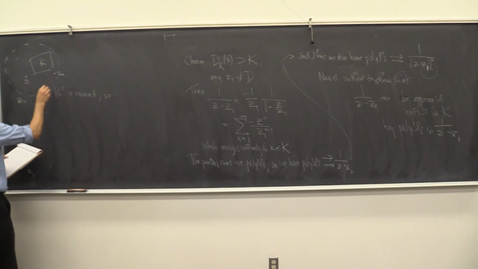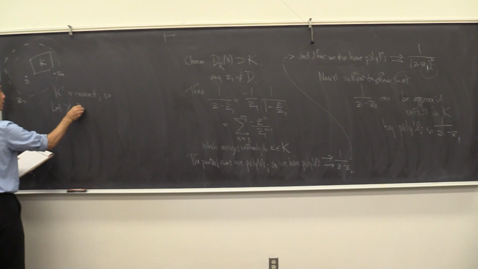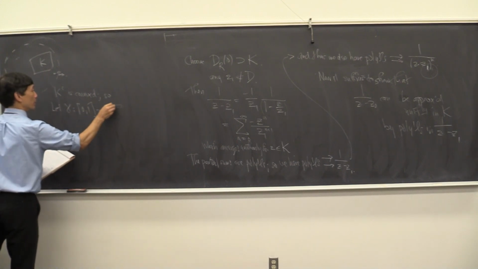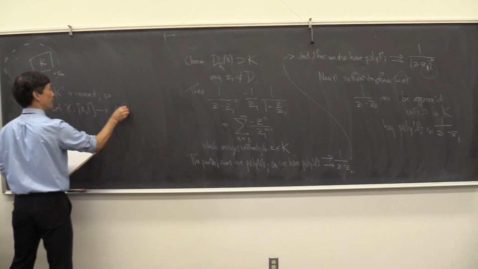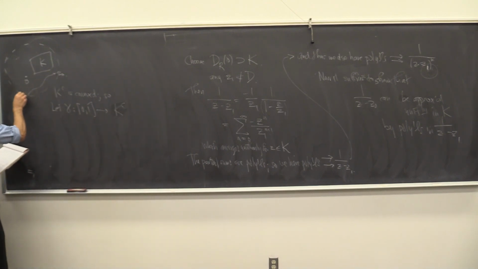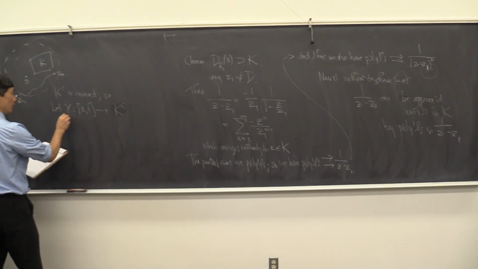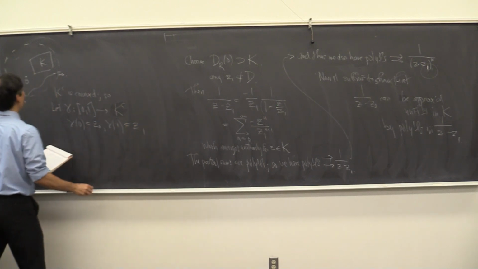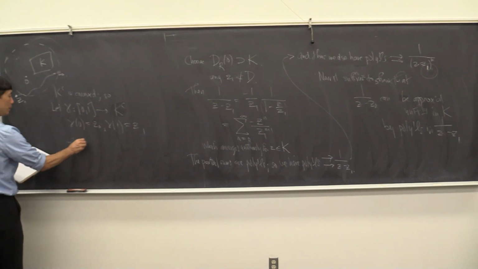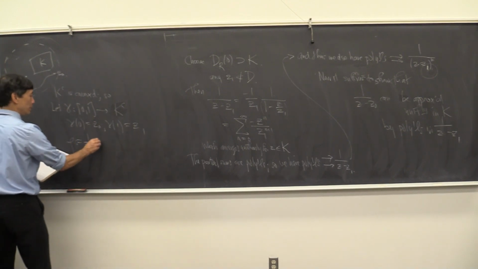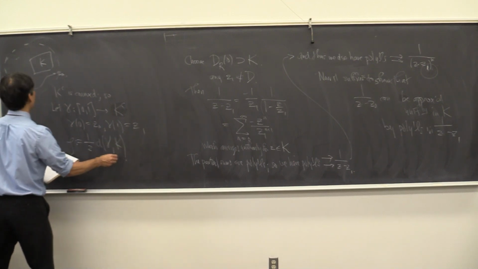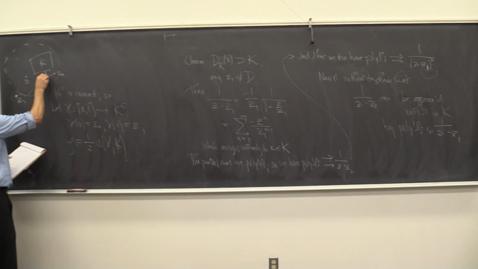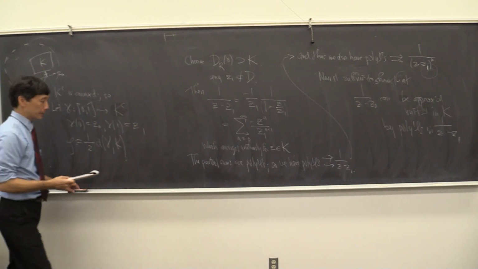So take a path gamma inside of the complement that goes from Z0 to Z1. So gamma 0 is Z0, gamma 1 is Z1. And let rho denote 1/2 of the distance from gamma to K. So take the minimum distance and take half of that, and that's rho.